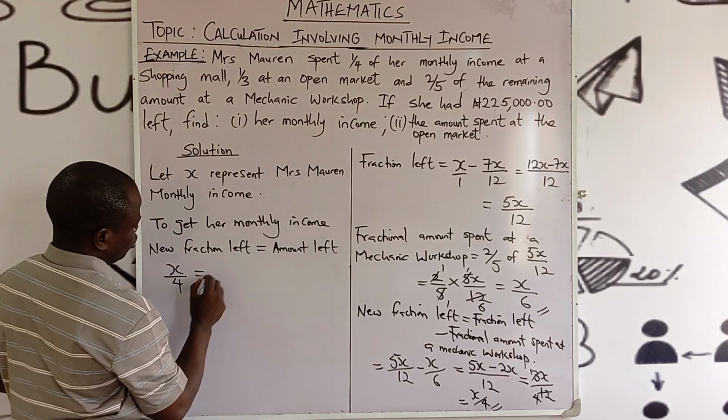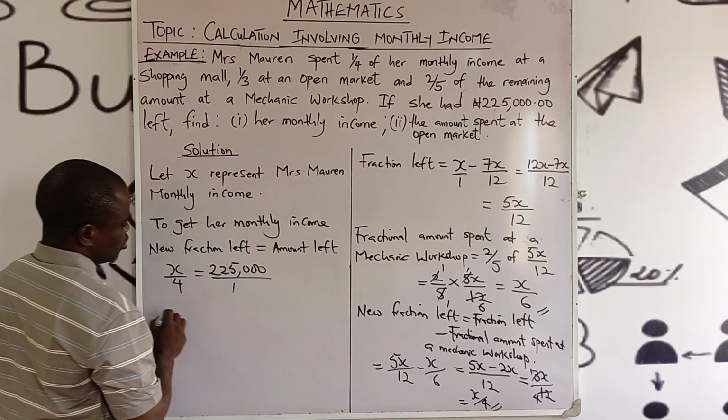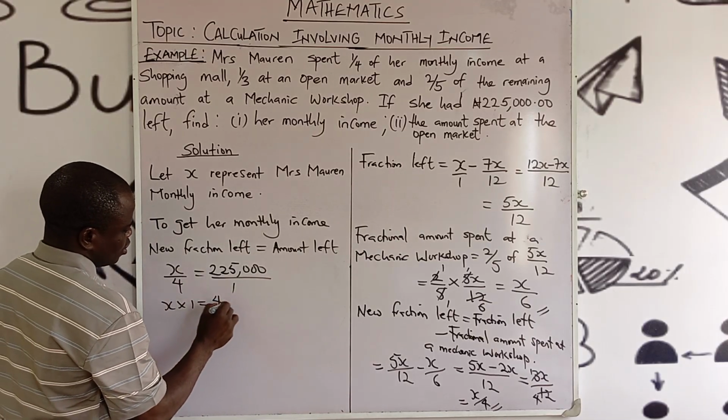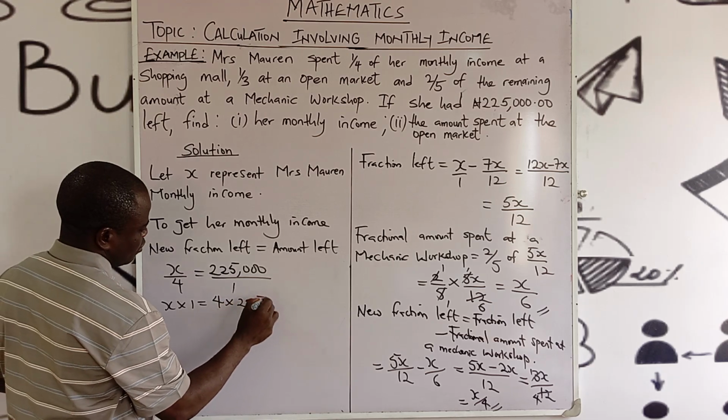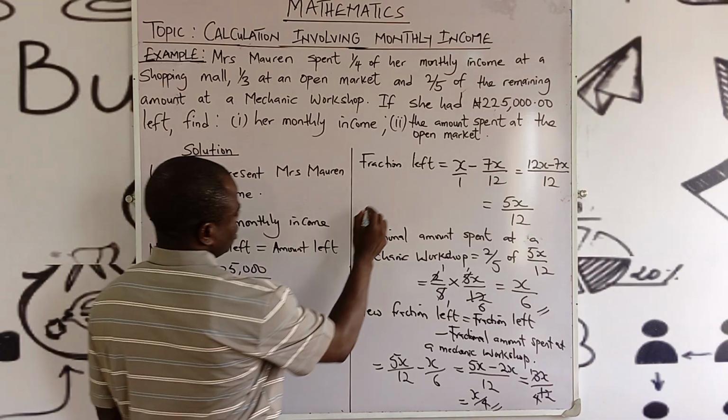Equate it to the amount, 225,000 over 1. Cross multiply. You have X times 1 equals 4 times 225,000.